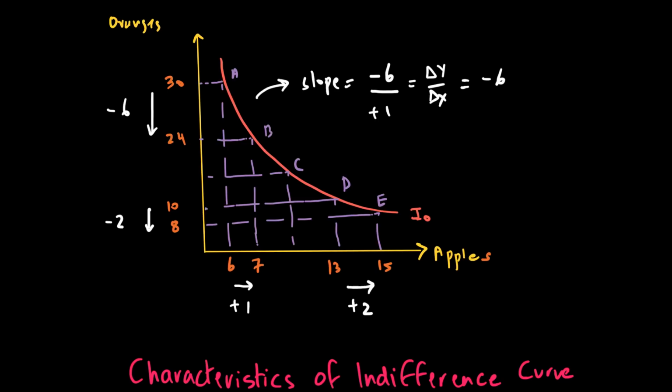For every 1 apple, I am sacrificing 6 oranges. But as you go from D to E, look at this, the sacrifice here, if I look at the slope, is -2, which is change in y, over +2, which is going to be -1. So the slope is going down, the sacrifice is going down as I buy more and more of apples.